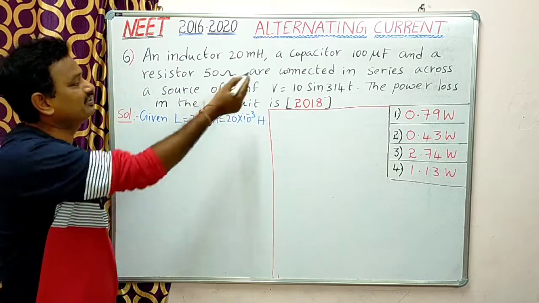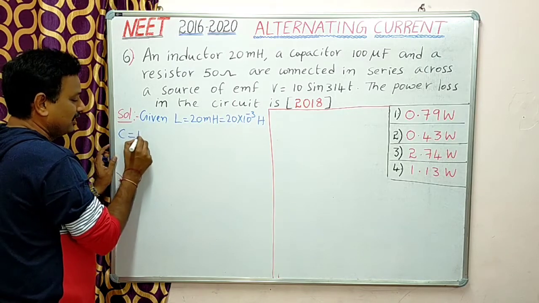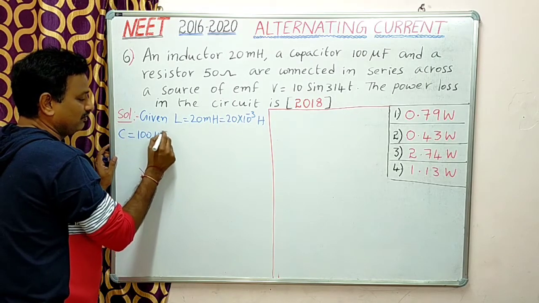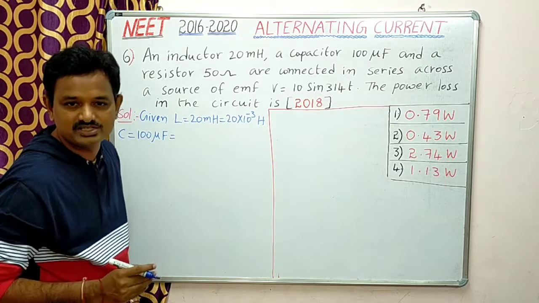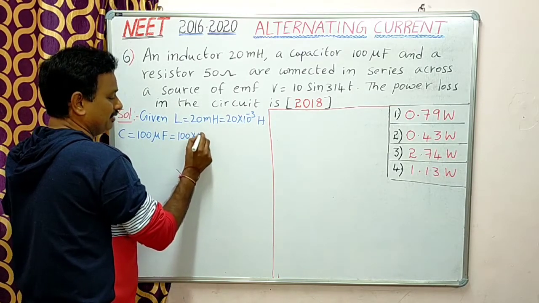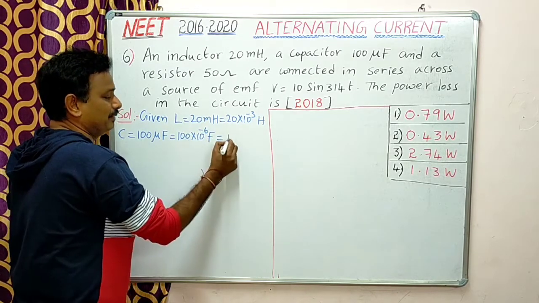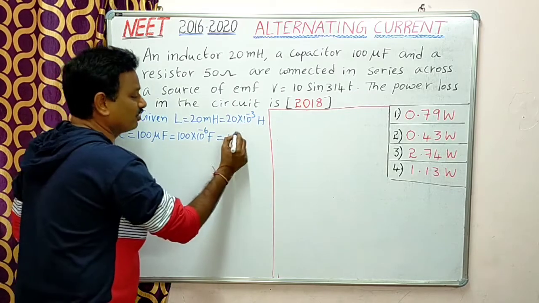Okay. Next capacitor 100 microfarad. C is equal to 100 microfarad. Micro means 10 power minus 6. So I will write 100 into 10 power minus 6 farad. That is equal to 10 power minus 4 farad.